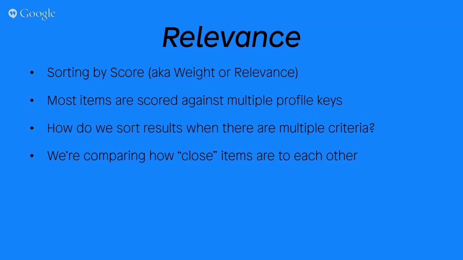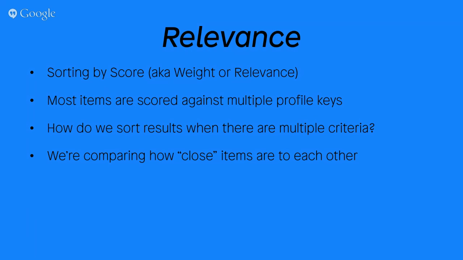But more importantly, how do we sort the results? Before, we were just sorting based on a single value, but now we're searching for two values and we need to sort based on that. So we need to find a way of getting relevance based on two values.